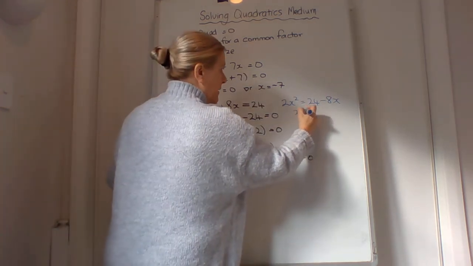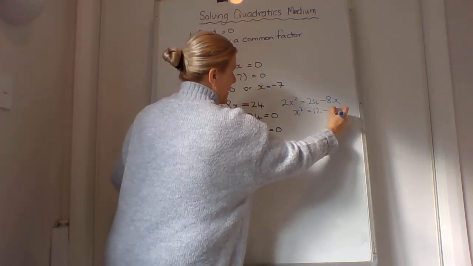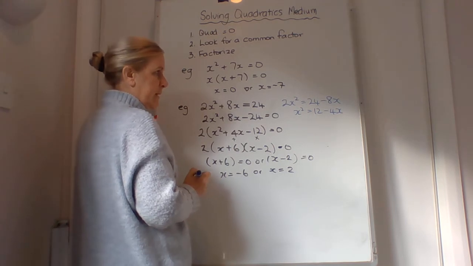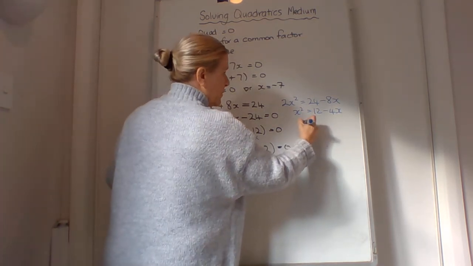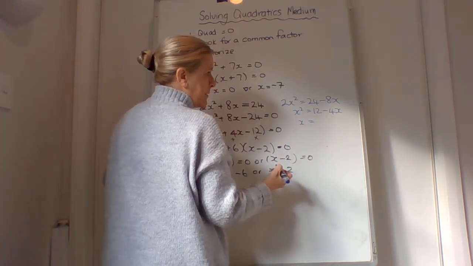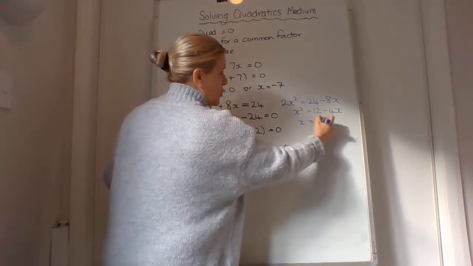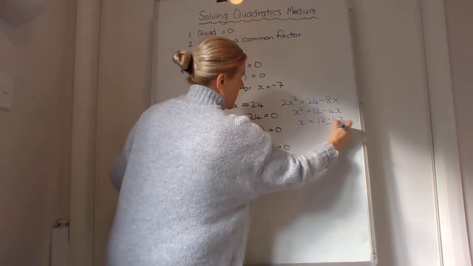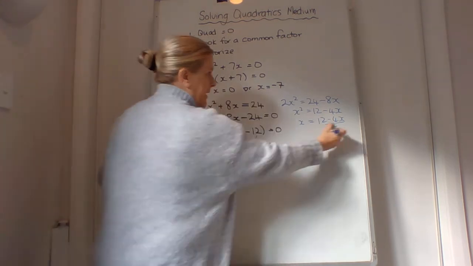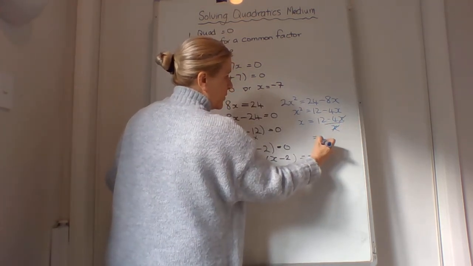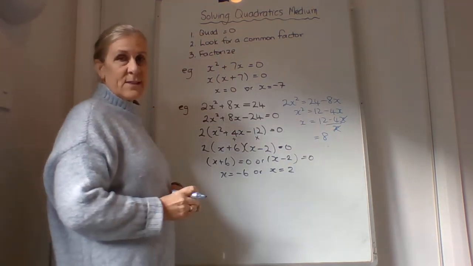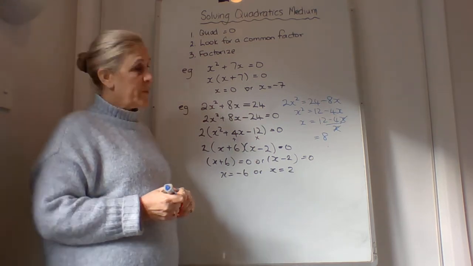So x squared equals 12 minus 4x. So therefore, x equals 12 minus 4x divided by x. Cancel those, equals 8. Well, there's a really revolting sort of way that people might do it.